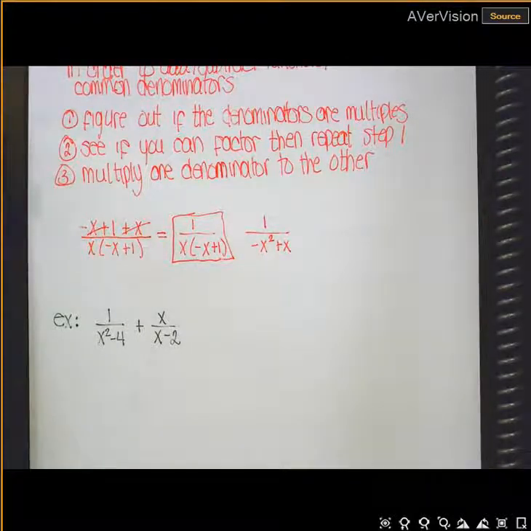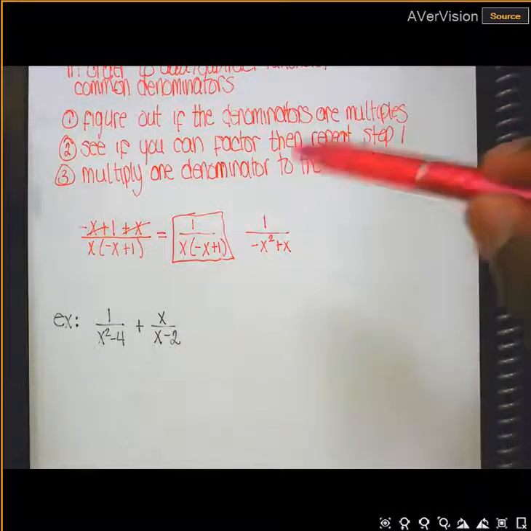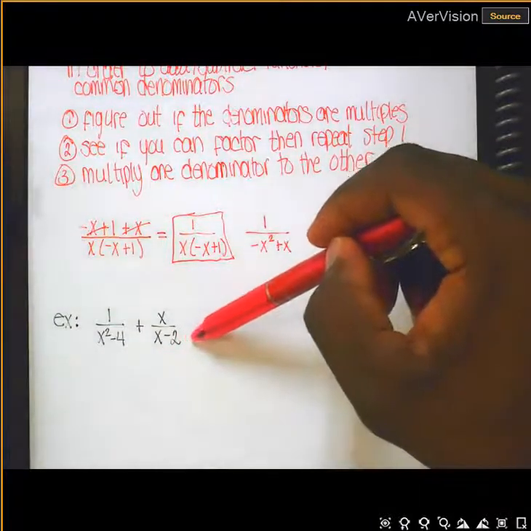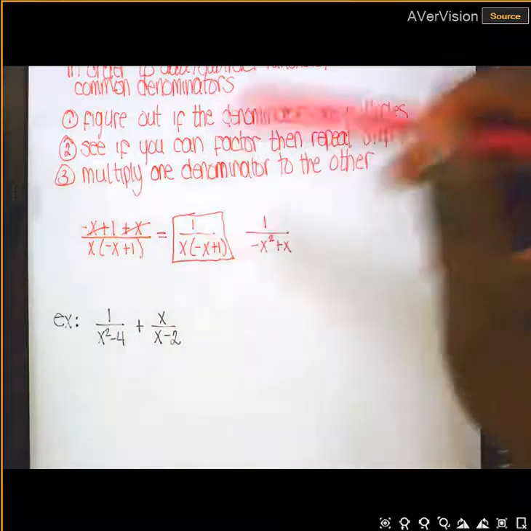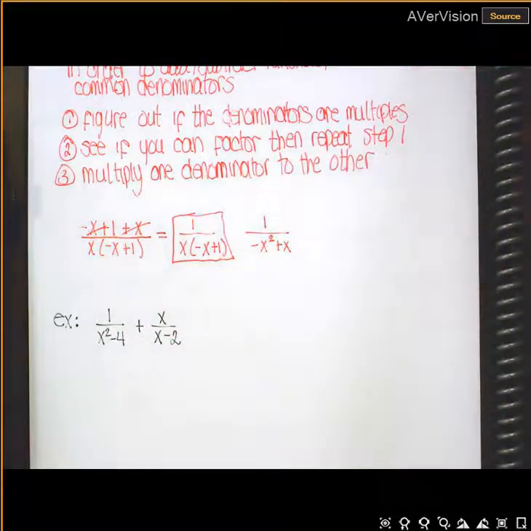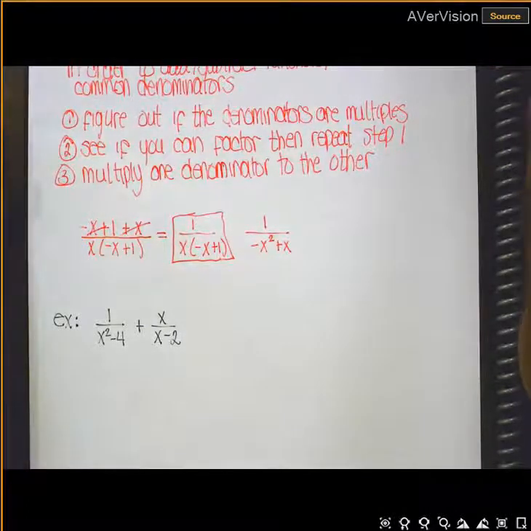All right, the second one. Is there anything we can multiply to x minus 2 to get x squared minus 4, or vice versa? Yeah.